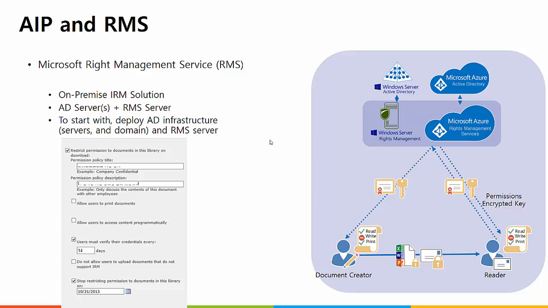But as long as the RMS security template has been applied, other people cannot open the document. They cannot see the document, even though they have the file in their disk. So that's a way to secure the enterprise resource, which is intellectual property of your company.